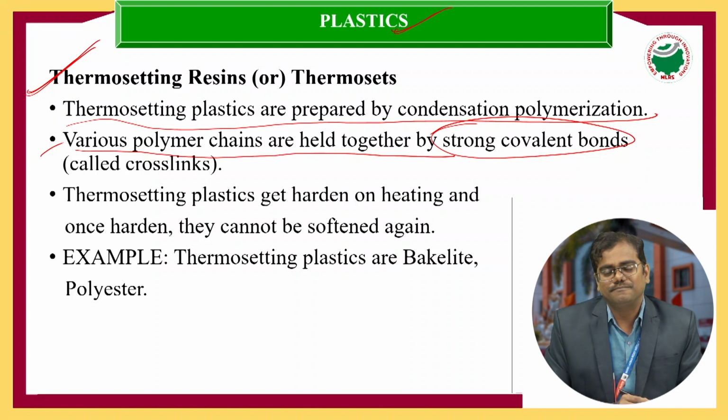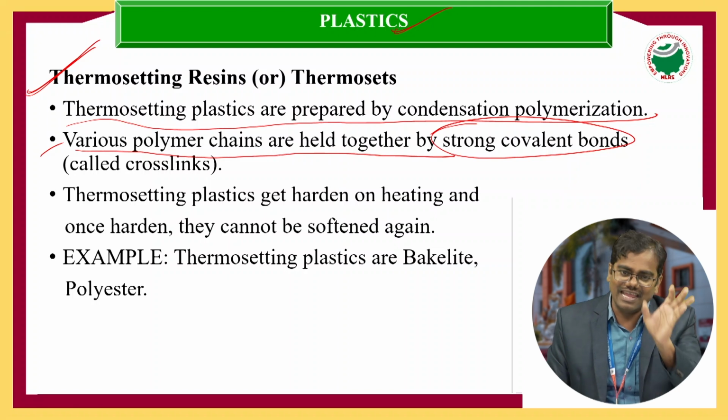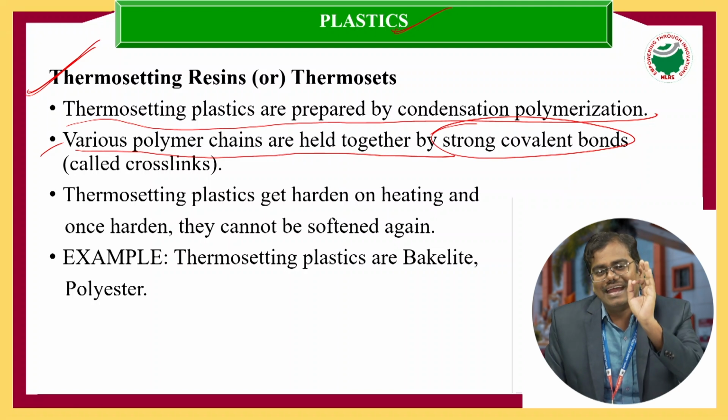These thermosetting plastics are made from monomers. For example, let's see the best example, nylon 6,6, which we just discussed. In the nylon 6,6 polyamide polymer, we use two different types of monomers: one is hexamethylene diamine, and the second is adipic acid.